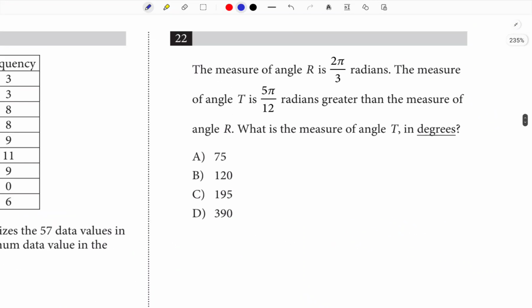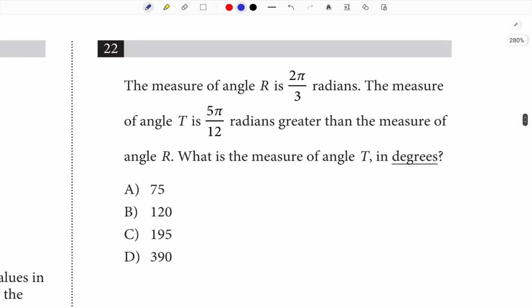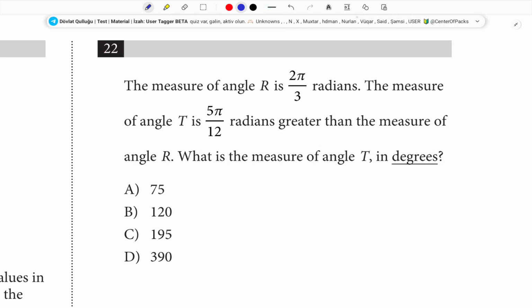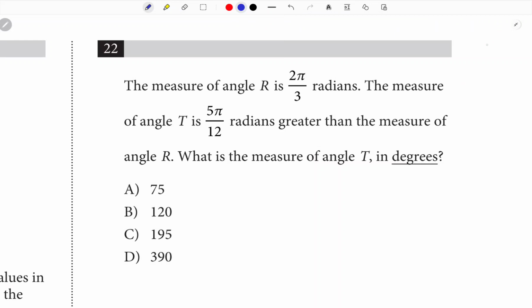The measure of angle R is 2 pi over 3 radians. The measure of angle T is 5 pi over 12 radians greater than the measure of angle R. Okay, what is the measure of angle T?